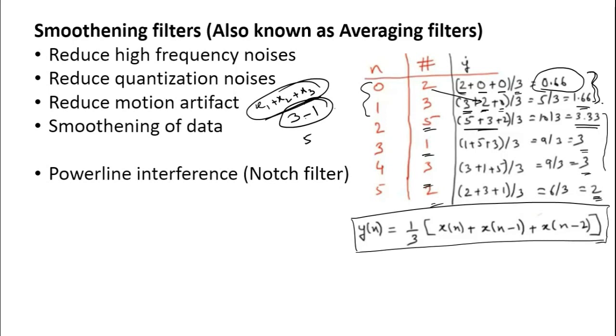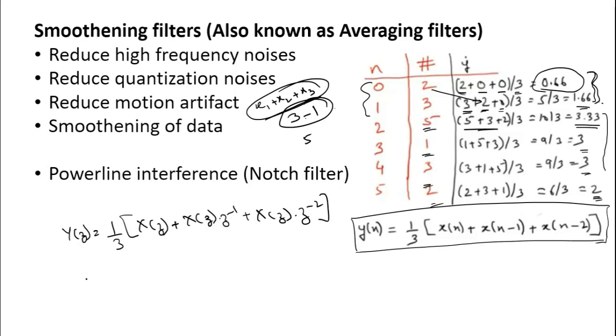If you try to find the transfer function, we will get Y(z) equals 1 by 3 of X(z) plus X(z) into z inverse plus X(z) into z to the minus 2.